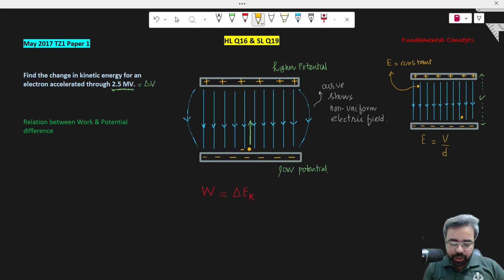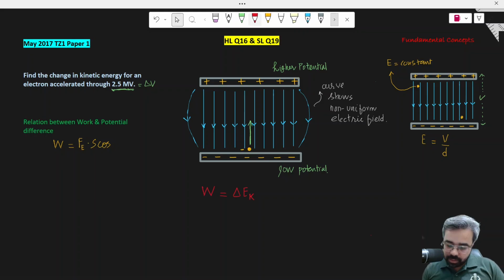I just want to quickly show you the relation between the work done and the other quantities. We start from the general formula of the work done, that says the electric force times the displacement covered, and the angle could even be 180. But in this case, the electric force and the displacement are in the same direction, so the angle is zero.